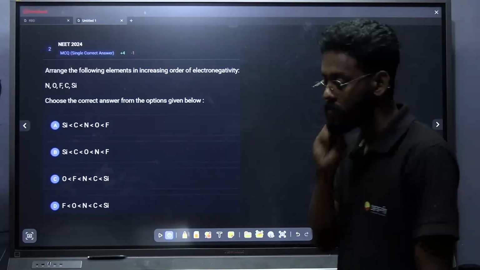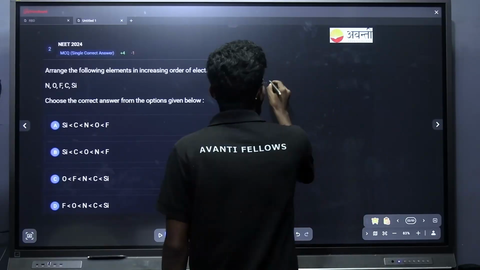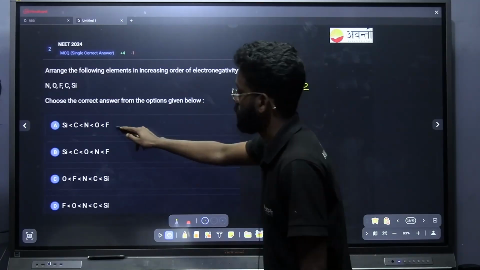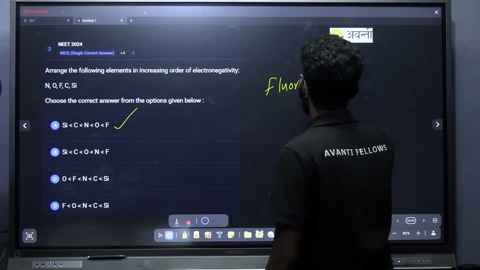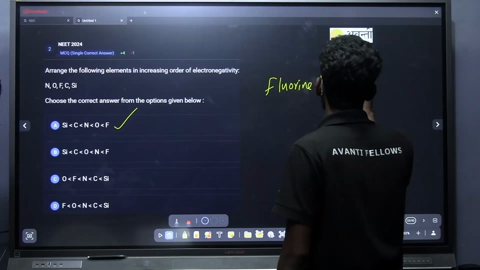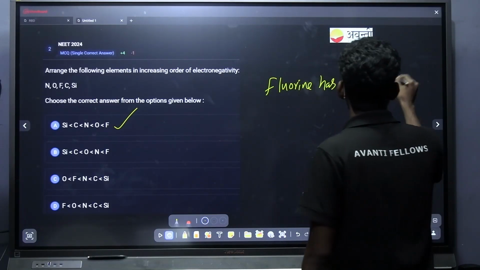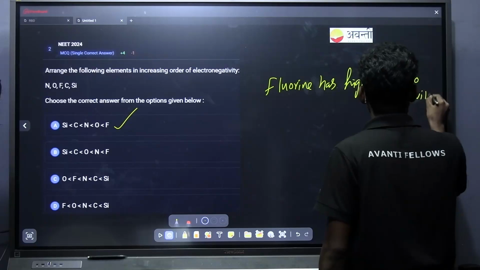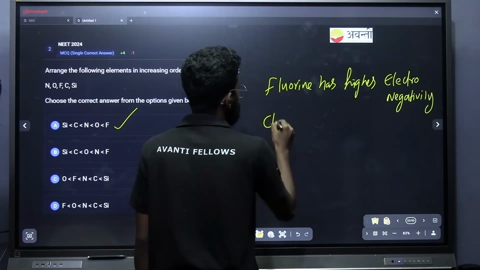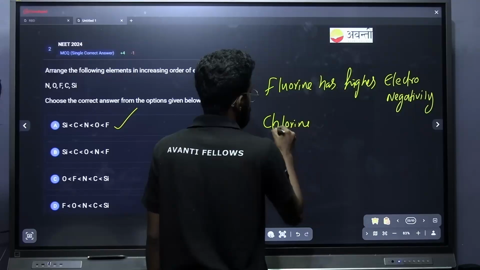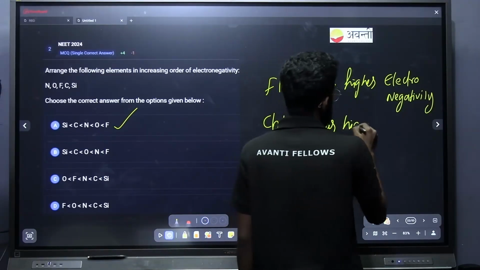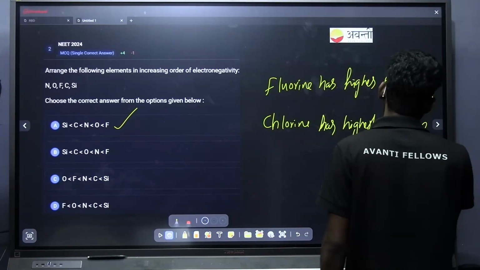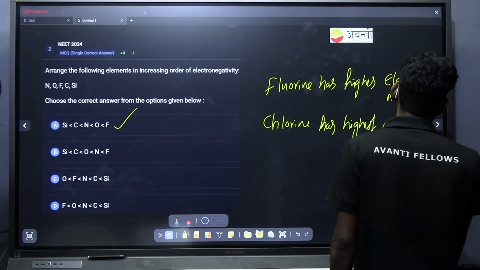Electronegativity, it is asking. Option A, yes, very good. In the periodic table we can see fluorine has the highest electronegativity, and chlorine has the highest electron gain enthalpy.